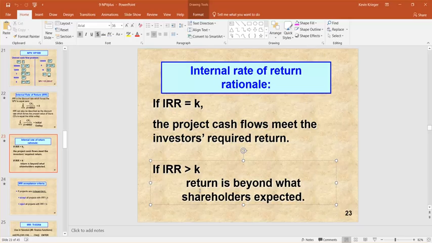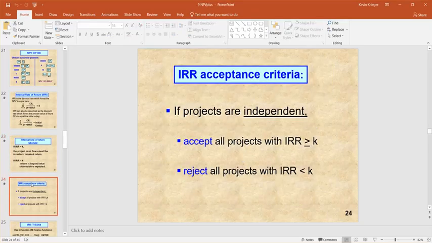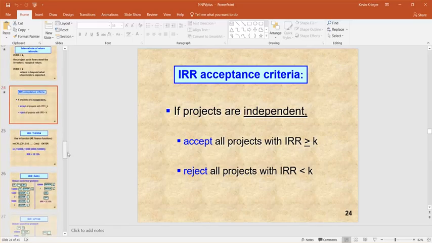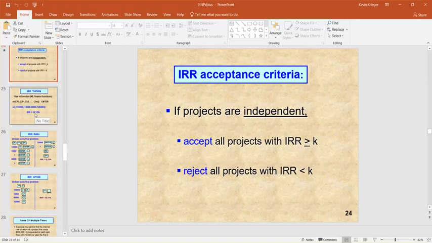Say a different way of thinking of it, you're expecting a return bigger than the expectations required by shareholders. That's the reason that the NPV is positive and you got an acceptable project, right? So if your projects are independent, right, here's the rules again on another slide. I like the ceiling or cap idea. Hey, as long as you can keep the cost below this, you're going to have a positive NPV. I like that kind of extra piece of interpretation along with accepting based on the IRR sort of thing.